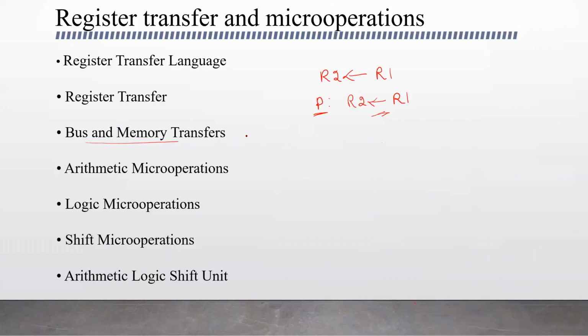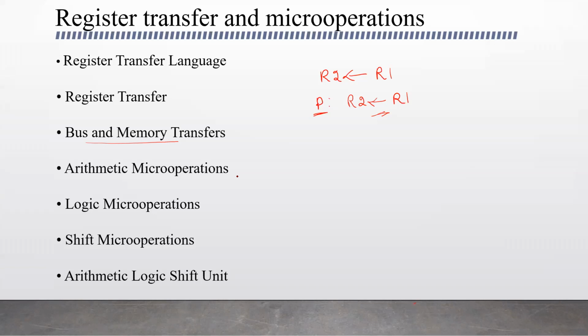So we discussed this bus and memory transfers, to transfer the content of memory to register or from register to memory, for performing read and write operations. We use these bus lines. And then we discussed arithmetic micro operations such as addition and subtraction.